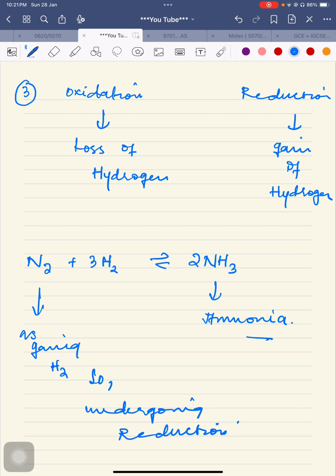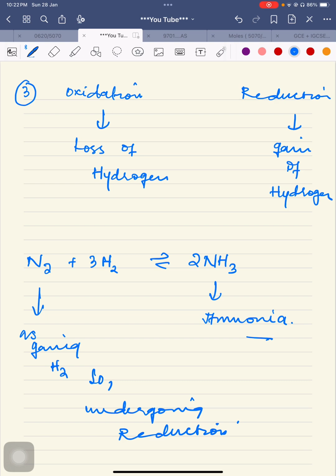I am going to give you another definition as well. Here we cannot talk about the loss of hydrogen, but we are talking about a reversible reaction. We will discuss reversible reactions in detail as well, but right now, as I have just mentioned, it is my responsibility to inform you what a reversible reaction is. Sometimes the examiner asks what a reversible reaction is.